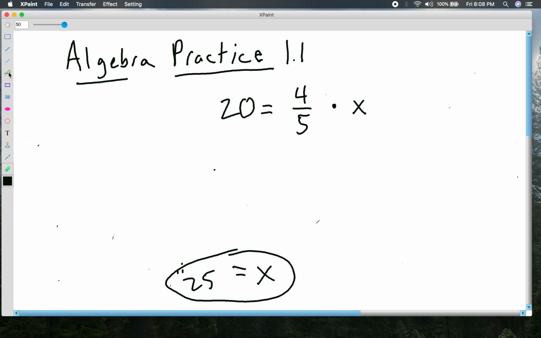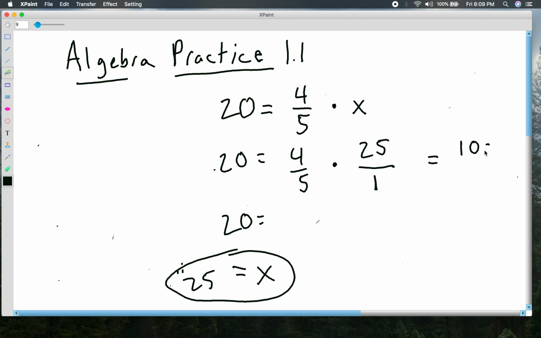All right, so 20 equals 4/5 times 25, and 25 is the same as 25 over 1, right? 20 equals 4 times 25, which is 100, over 5 times 1, which is 5. 100 divided by 5, that's all this means.